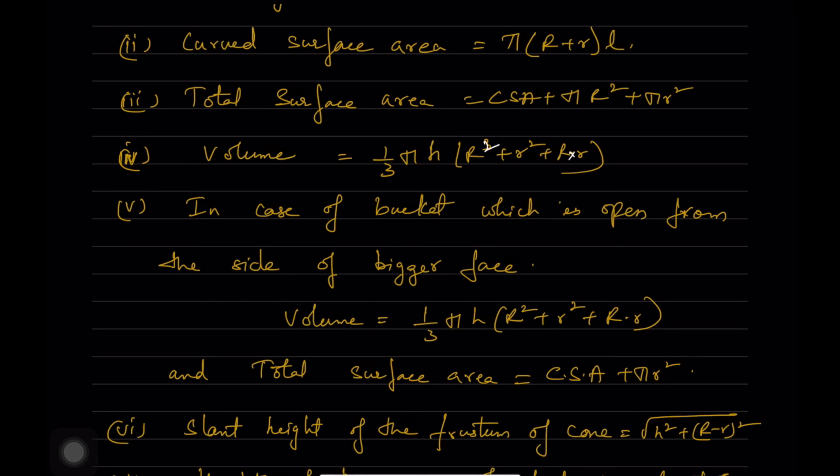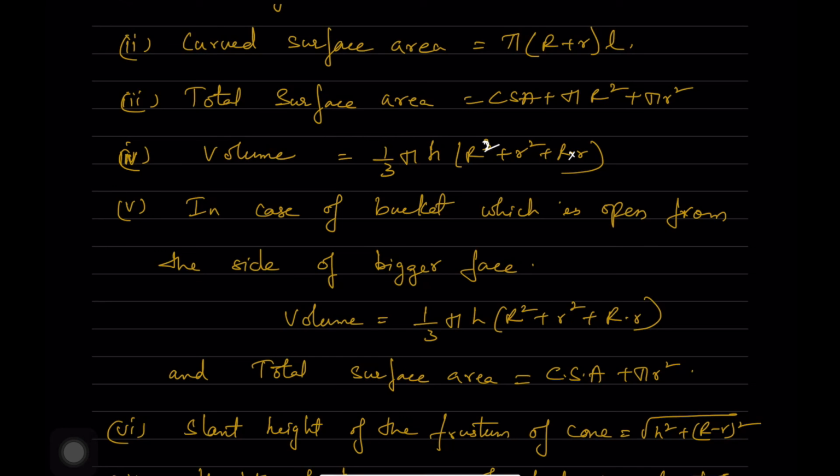Volume is equal to that into this. So pi r square h, I'm sorry, 1 by 3 pi r square h. So 1 by 3 pi into h, in the place of r square, we have capital R square plus small r square plus capital R into small r.